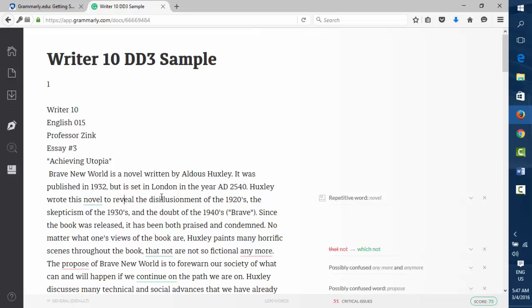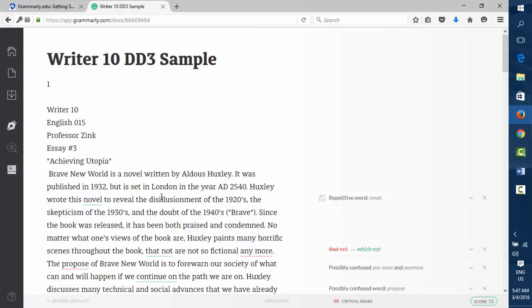So you can have a very good piece of writing and it'll get a low score just because it has many potential problems. And that is what you want to know about Grammarly. Just because it gives you a 72 or a 68 or something like that doesn't mean that you have a horrible piece of writing. It means that there are a lot of potential problems that could be there, and many things to check.